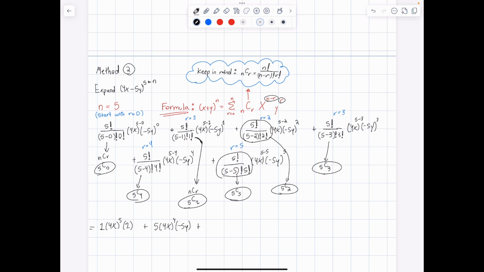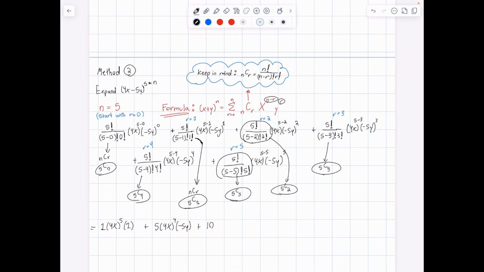Plus 5C2 is going to become 10, 4x cubed, negative 5y squared, plus 5C3 is going to become 10, 4x squared, negative 5y cubed. So those two look pretty similar.